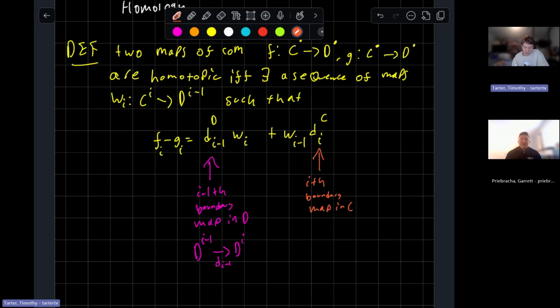And C, CI, DI, CI plus 1. Cool. Okay. So, fun fact, if you need to Google this later, you can't because Google has it going for homological chain complexes, not co-chain complexes.